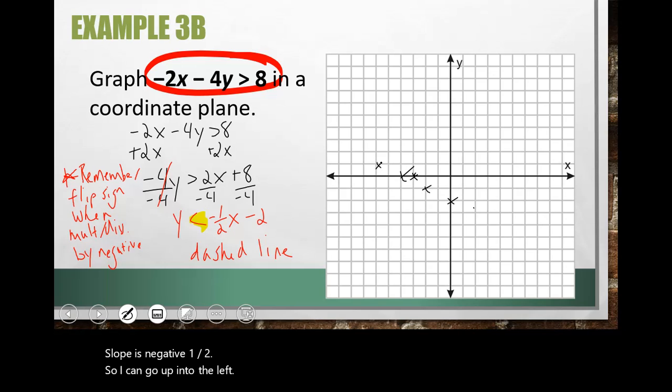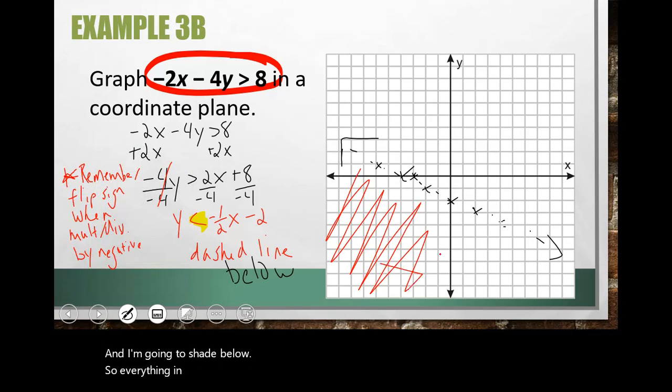Or I can go down and to the right. It's going to be a dashed line. And I'm going to shade below. So everything in this region down in here is a solution.